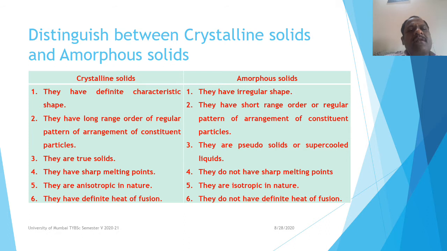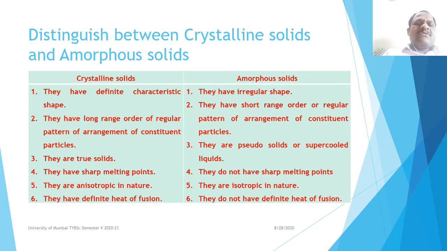Okay, now coming to the solids. As I said, solids have definite size, shape, volume, and their constituent particles are definitely arranged. They have very strong intermolecular force of attraction.